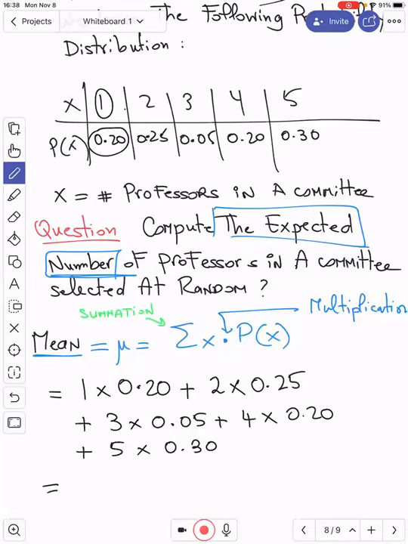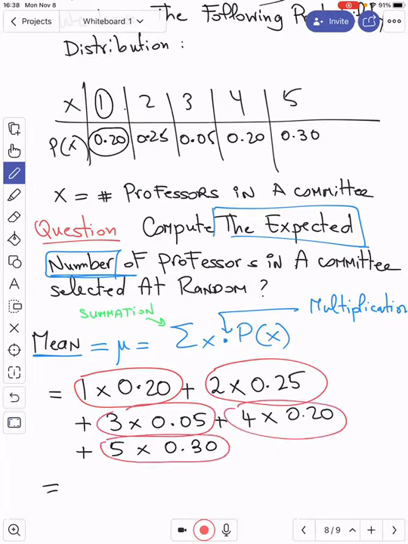We multiply first. So we need to multiply like this: 1 by 0.20, 2 times 0.25, etc. So we multiply first. That'll be 1 times 0.20, of course, that'll be just 0.20, plus 2 times 0.25, that's 0.5, plus 0.15, plus 0.80, plus 1.5, right?